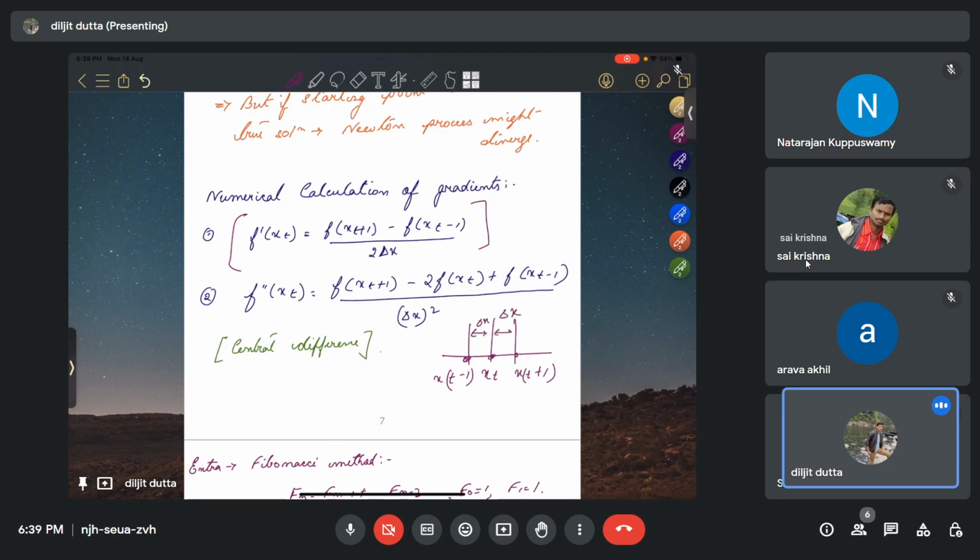So f dash of x_t will be given as f of x_{t+1} minus f of x_{t-1} divided by 2 delta x. The function will be something like this.